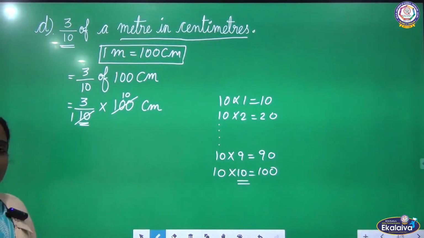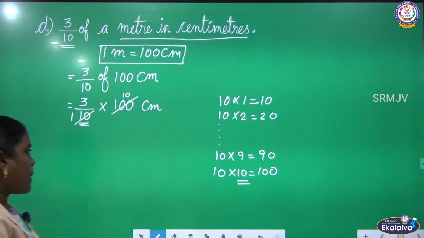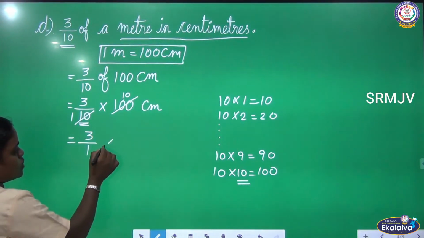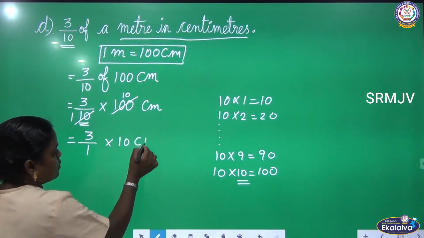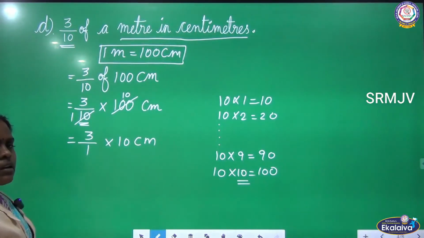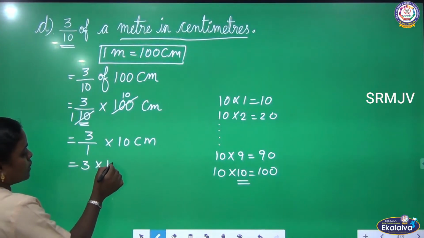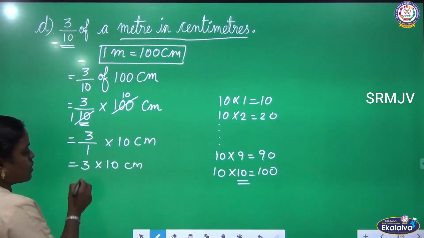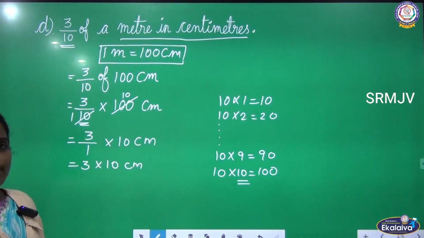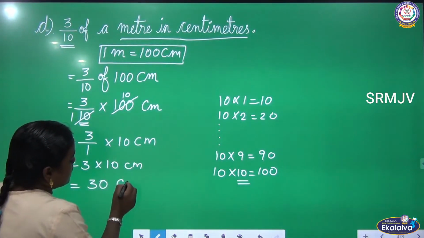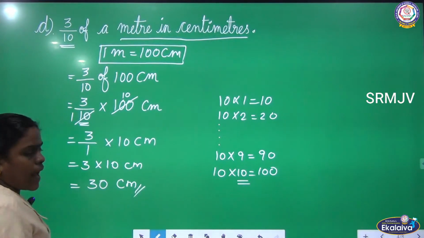So now what are the numbers remaining? 3 by 1 into 10 centimeters. 3 by 1 is 3. Multiply by 10 centimeters. 3 tens are 30. So 30 centimeters is the answer.